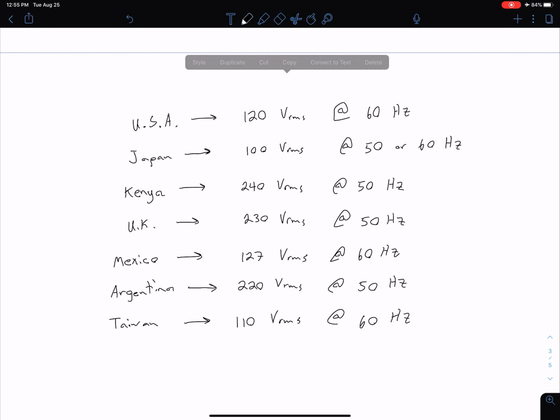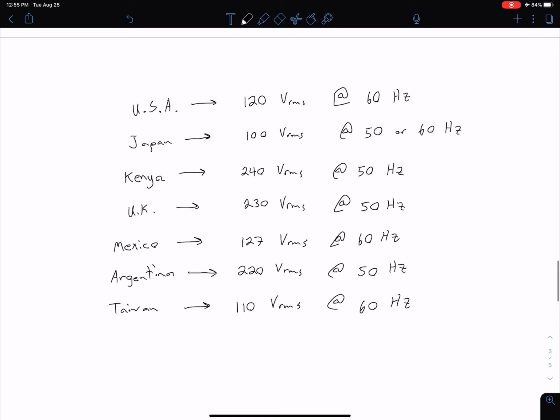Here's a table where we have various RMS voltages and frequencies of single phase power available. We can see here in the US we have 120 volts VRMS at a frequency of 60 hertz. In contrast, if we look at Kenya, where a lot of our service projects here at Milligan take place, we see that they have a VRMS of 240 and a frequency of 50 hertz.